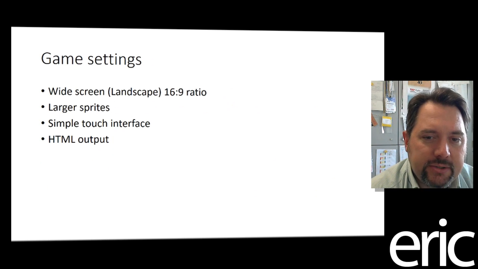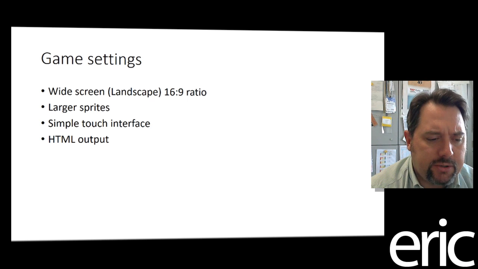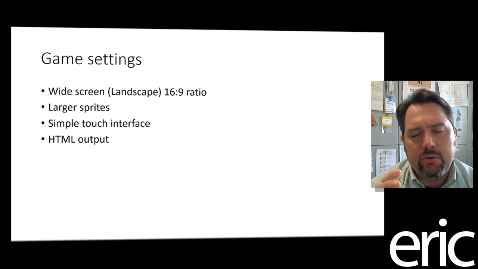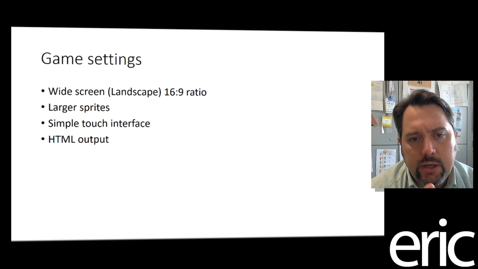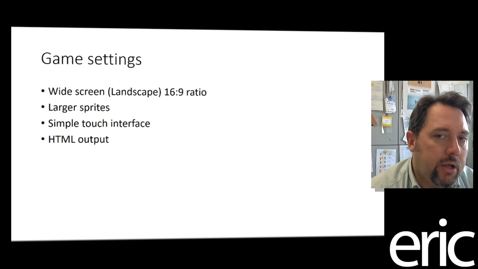For the game settings, I'm going to be mostly using tablets, but I'd like it to be usable on smartphones. So we're going to be using HTML output, and if possible, I'd like to use it in landscape, so they turn their phones sideways and play it that way. So a 16:9 ratio, I think, might work better.